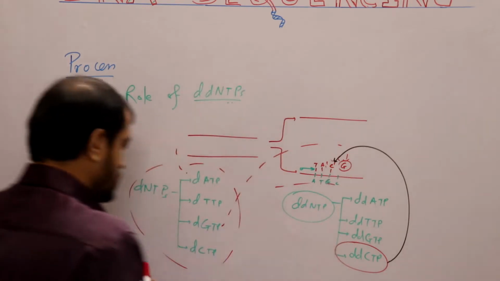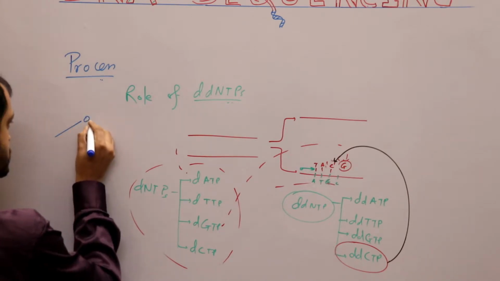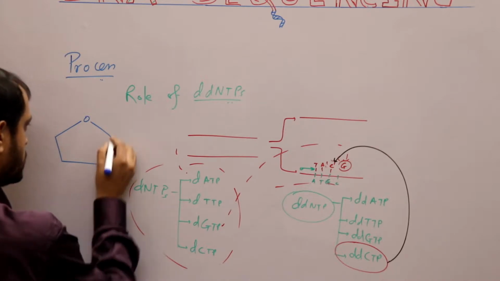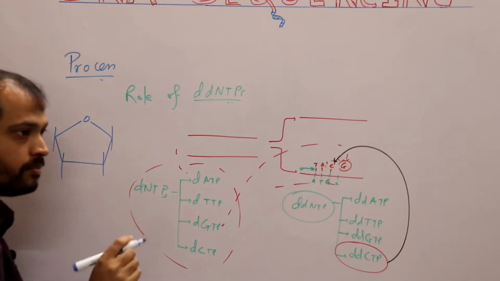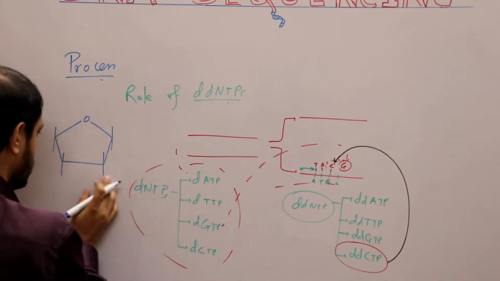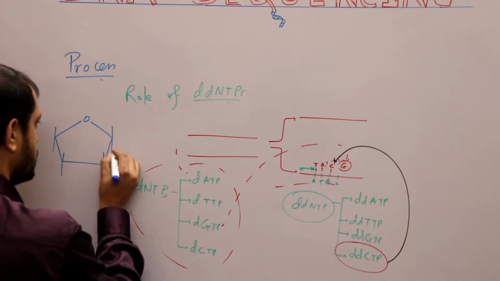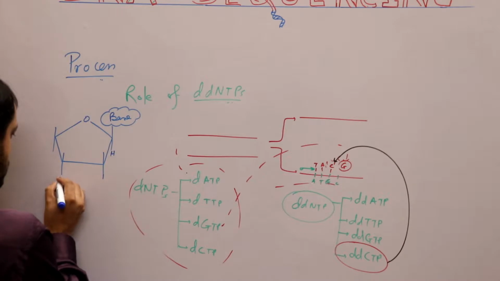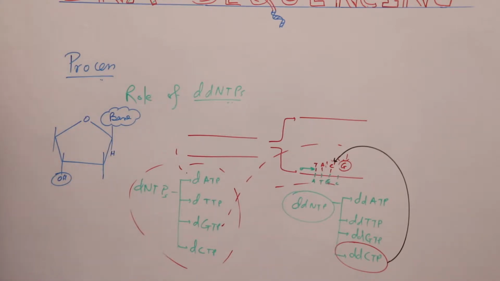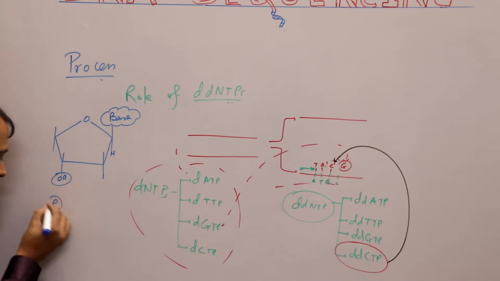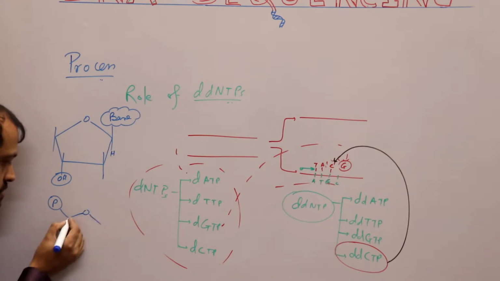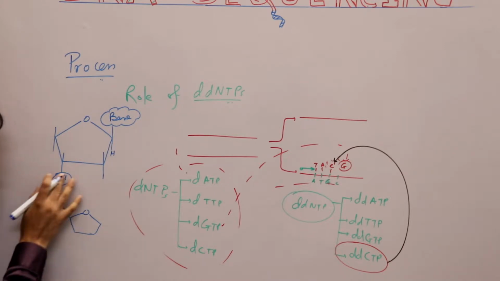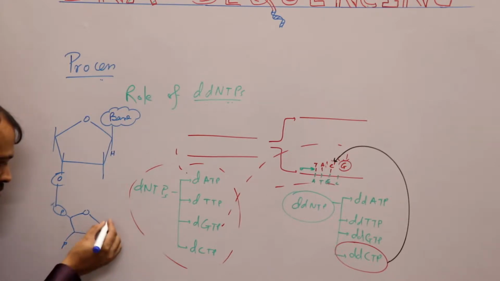Why? Because you remember from your DNA polymerase lecture that DNA polymerase only extends the chain by using this OH group, and then another phosphate group present in another nucleotide reacts with it.